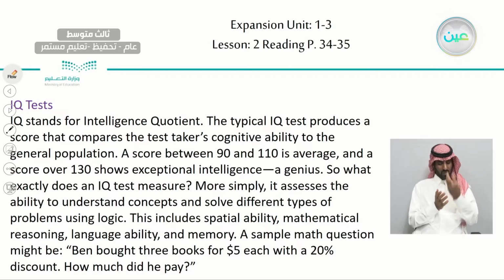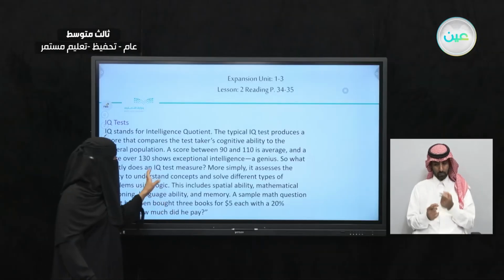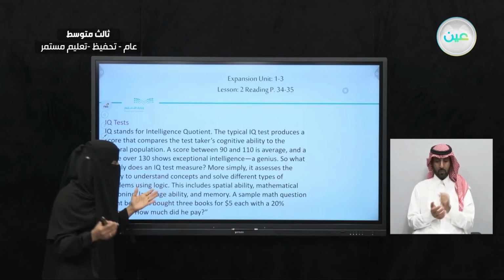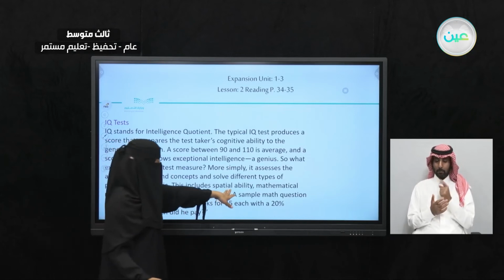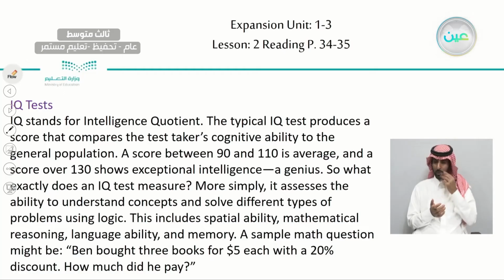Okay. Here they explained the IQ tests. And what do they mean? What do they measure? And they mentioned they ask you general questions. Mostly it's related to spatial ability, mathematical abilities, memory, language, okay?